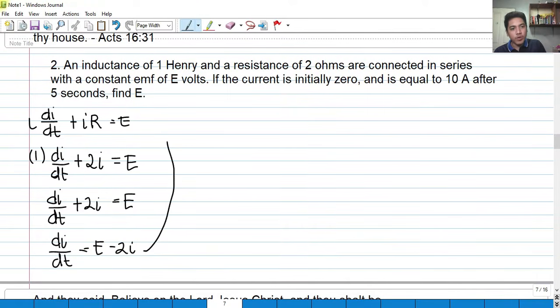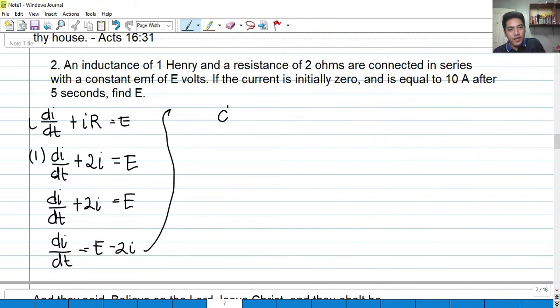This is a variable separable problem wherein I can group E minus 2I with di. Let me just rewrite this and have a little space.